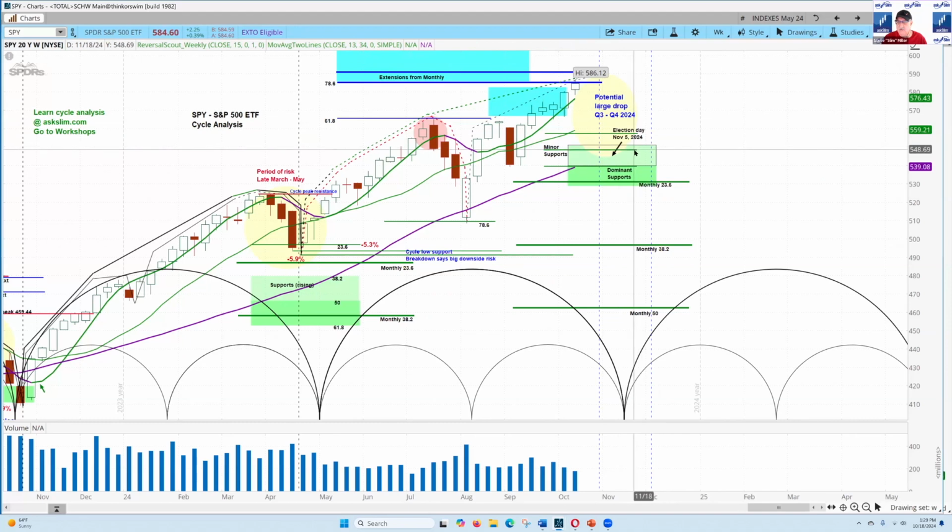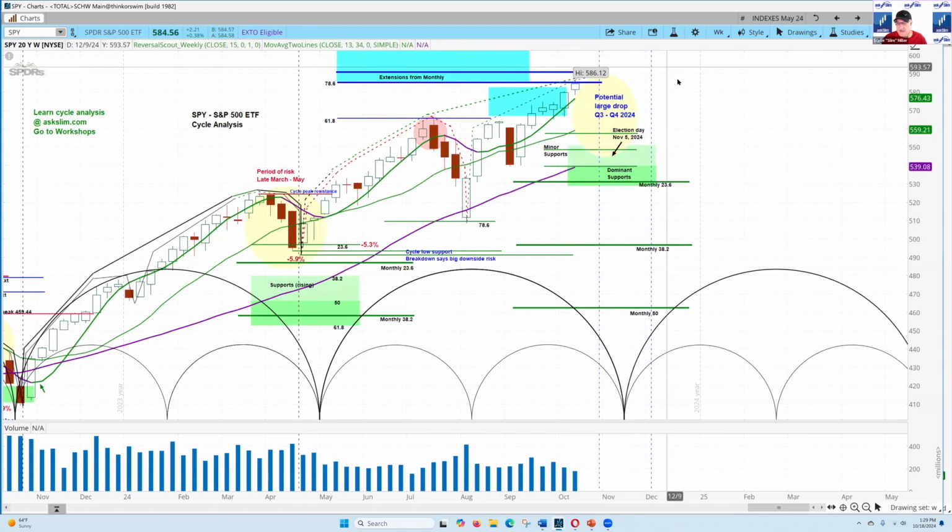So supports right now, 557. Right over here is about 550 on the SPY. Then we get into this lower support and the dominant support down over here, which is 540. This is 531. And to get a 10% decline, which is quite reasonable, you'd lose 58 points, 59 points, which would take you down into the 530s, which is somewhere down over here.